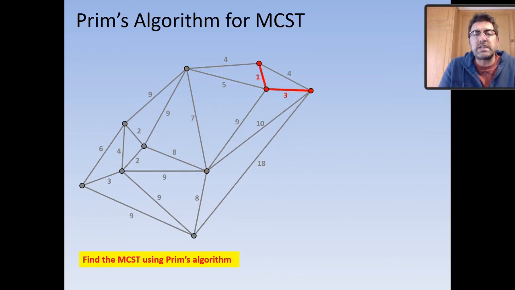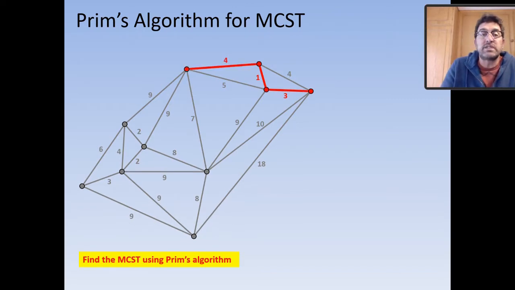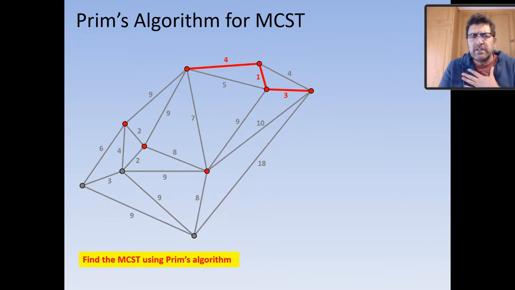Now I'm at the vertex at the top. If I look at that vertex, it is adjacent to only one unused vertex, and that's the one to the left. So I choose that vertex. Then I have a choice of 3 new ones to move to. The weights are 9, 9 and 7, so I choose the cheapest one, which is 7.